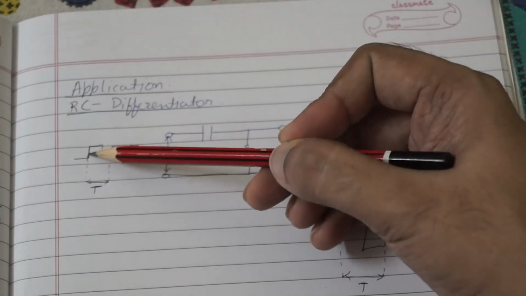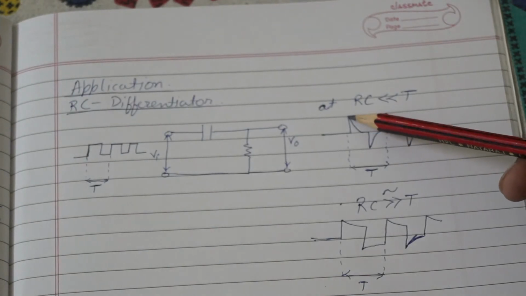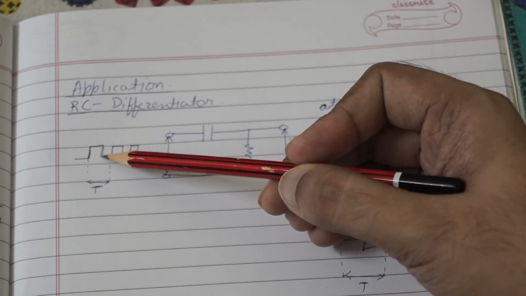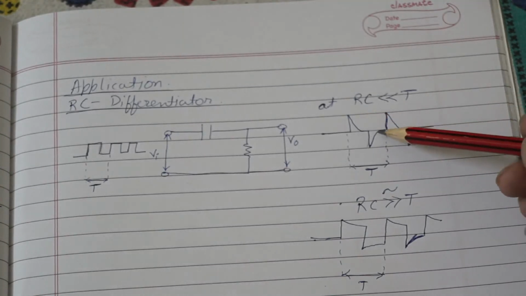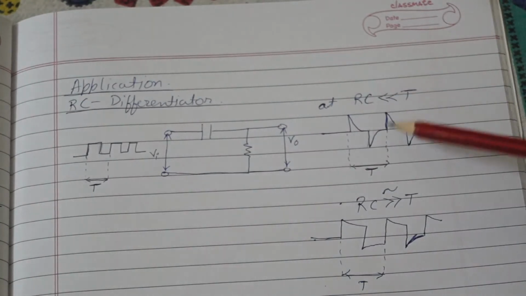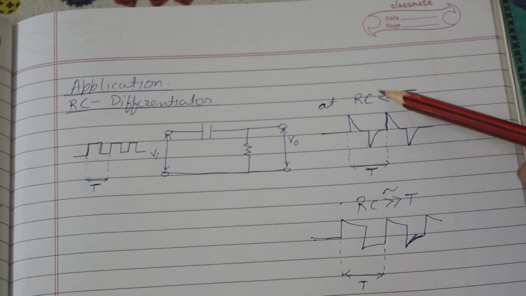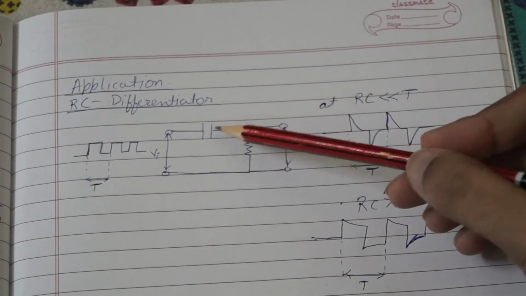At the rising edge of this square input we get a sharp spike, and at the lower edge we also get a spike. This spike is due to the charging and discharging of the circuit, and this spike can be controlled by controlling the time constant of this RC circuit.